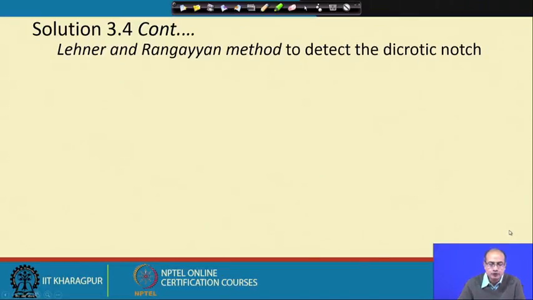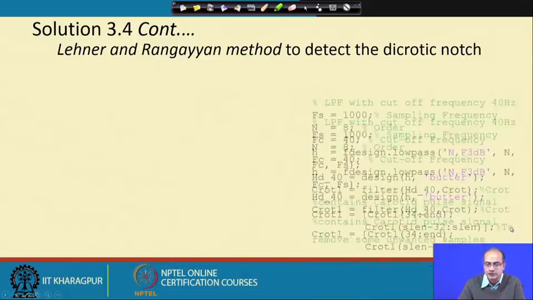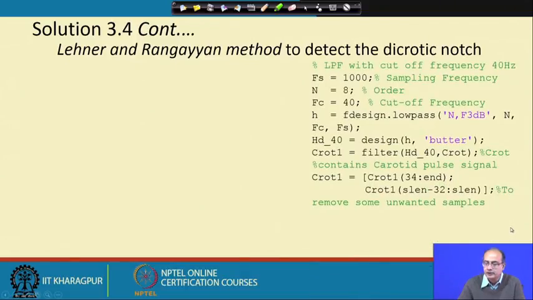Next, we go for Lehner and Rangayyan's method to detect the dicrotic notch. First, we remember the inputs we are given: the sampling frequency is 1000, and we have an 8 point filter, that is, the order is 8 and the cutoff frequency is 40.